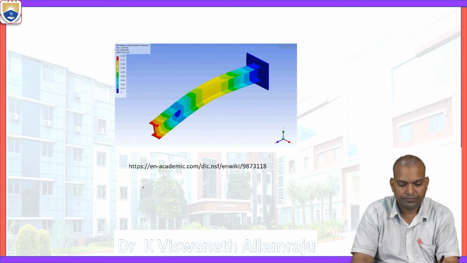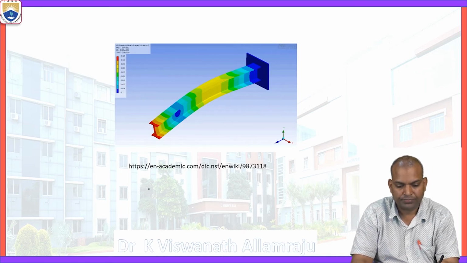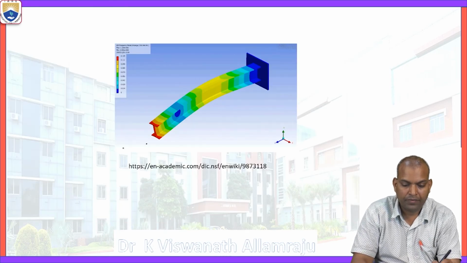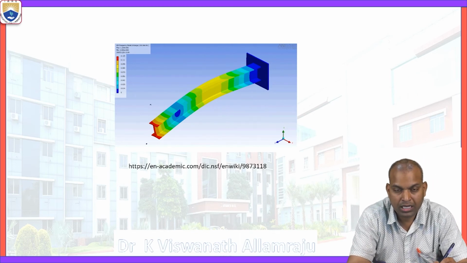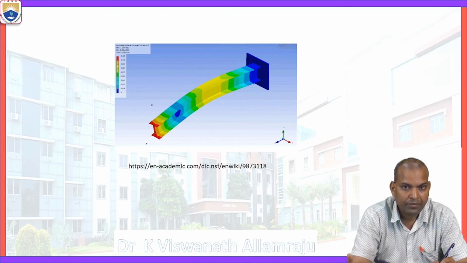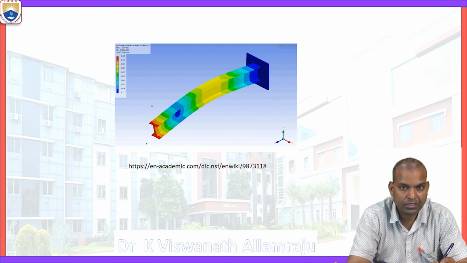Deflections also take place in the case of dynamic loads, when the operating frequency is closer to the natural frequency of the beam.